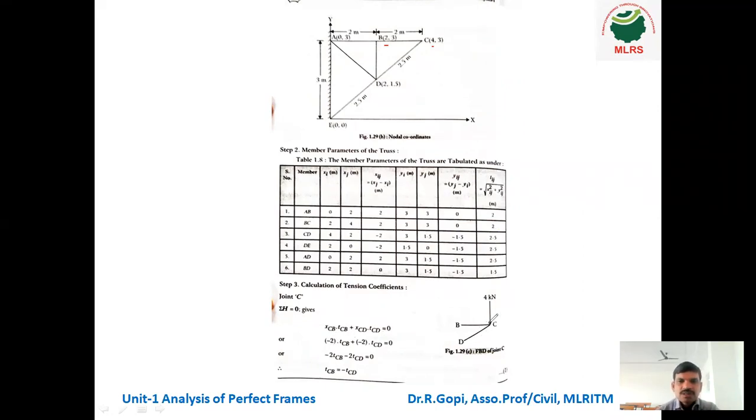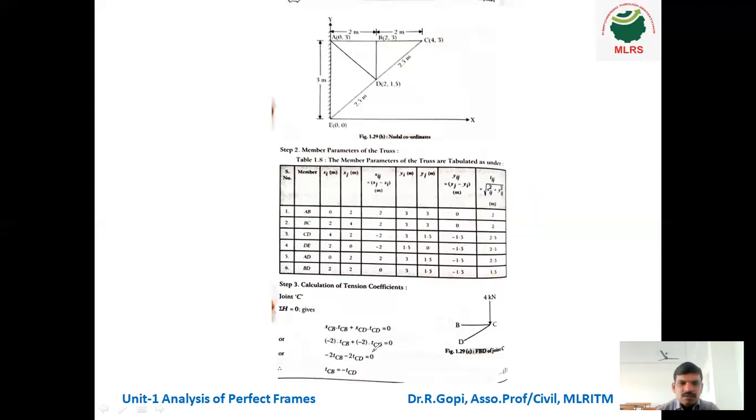It is on the left side, so minus. Next XCD. The X coordinate of C is 4 and the X coordinate of D is 2. So 4 minus 2 is 2, and this also acts on the left side from the joint, so minus. Don't see this table, see the coordinate figure.